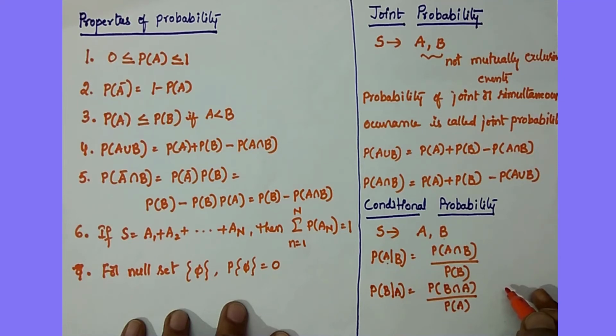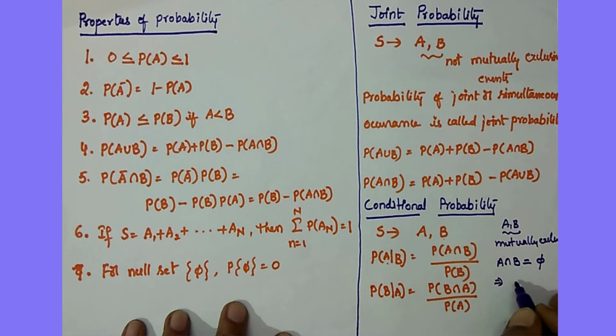What will happen if A and B are mutually exclusive? Mutually exclusive means there is no common element for A and B. Then A intersection B becomes null.